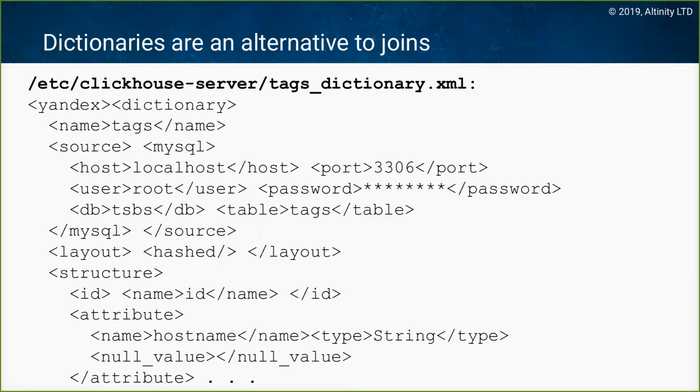A good tip, which we don't show here, but is now possible in recent versions of ClickHouse, is that you can use DDL to make the dictionaries, which is much more attractive. And the next time I do this talk, I'll have an example of that. This defines the dictionary, and the first time you touch it, by default, it will suck the data into memory, and then it's available for joins.